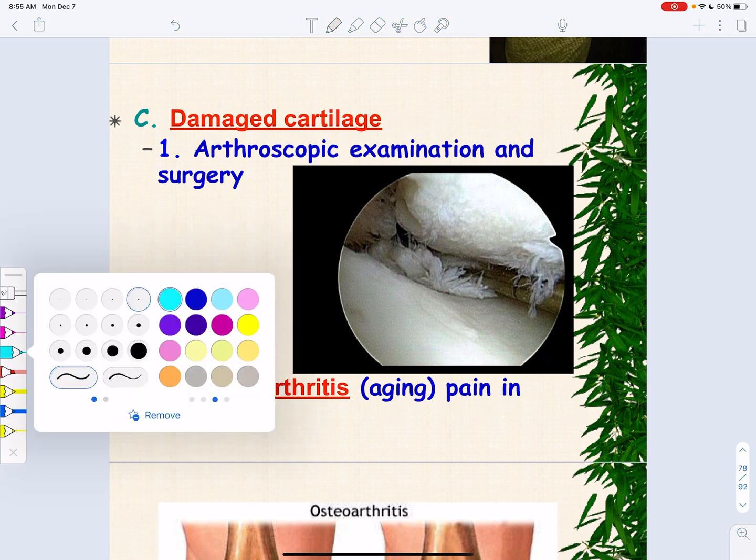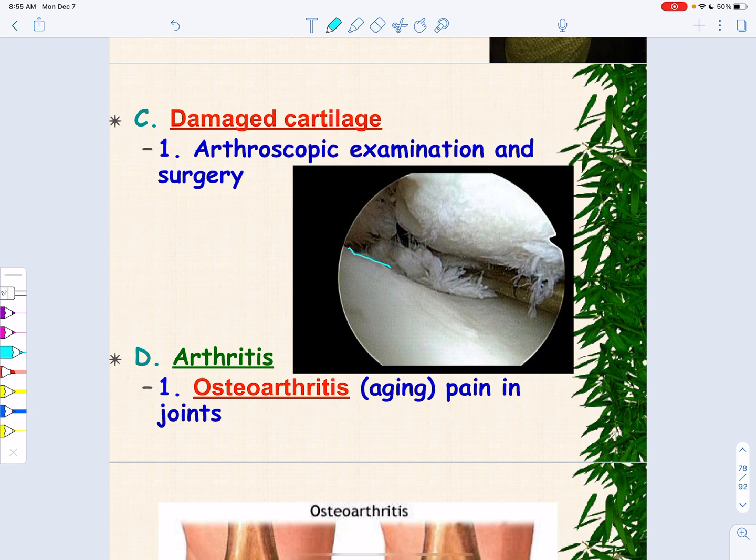Using his tool, he can simply shave off all of this and make it all smooth again, and shave this off here and make it all smooth again. So all of this right here that you see, all these little hairs that are flying around, is what the doctor would cut off during a cartilage repair surgery.